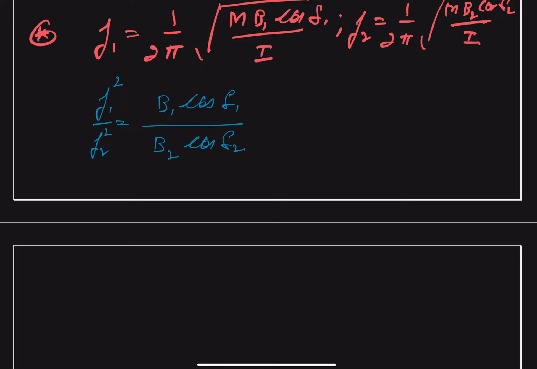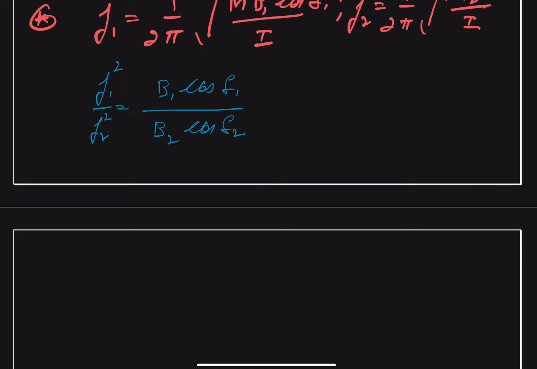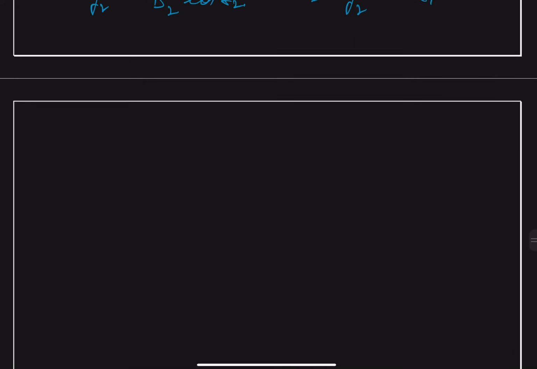And we have to solve it for B1 and B2. So we can say our B1 upon B2 will be equal to F1 square, and this comes as cos of delta 2, and we have our F2 square, and we come it to cos of delta 1, and we know all the respective values.